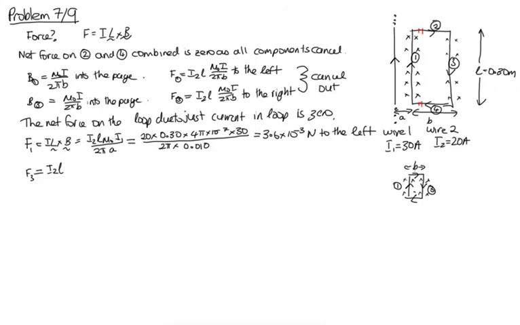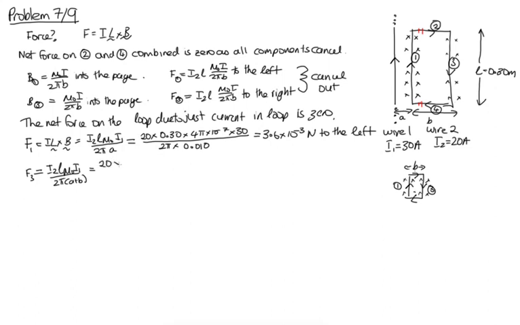So then we just need to work out the B, which will be mu naught I1, because it's due to wire 1, so it depends on the current through wire 1, over 2 pi, and then it's the distance from this wire, which is A plus B. Now, these are all values that we're given.